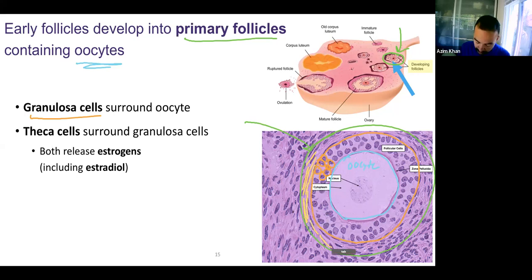They're more squamous. Theca cells surround the granulosa cells. They also, in this stage, produce estradiol. Both granulosa and theca cells produce estradiol. Estradiol has systemic effects, but it also stimulates this oocyte and helps it grow and develop.